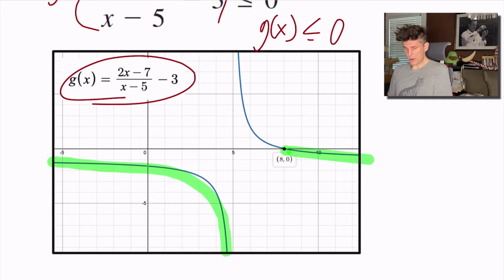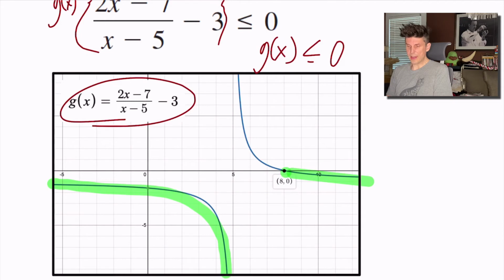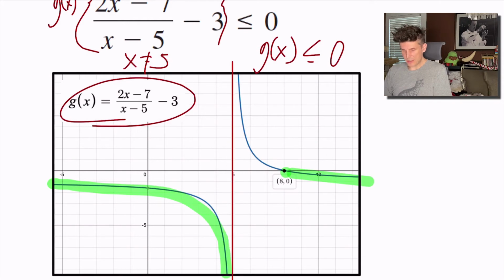The other thing to note is this is a rational function, and you know that x cannot be 5. So maybe we should just put a little asymptote there. Since x can't be 5, and you see that kind of behavior on the graph, there's our vertical asymptote. So that's a barrier, and that's another type of opportunity for change.